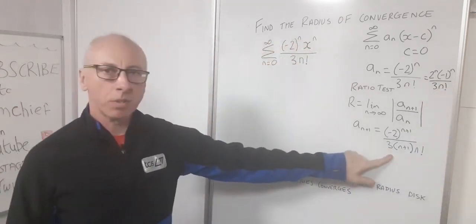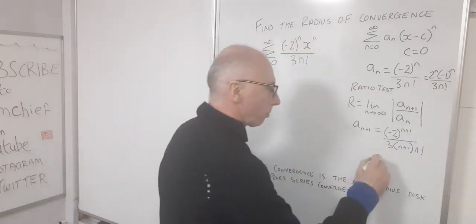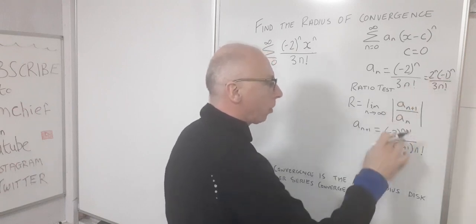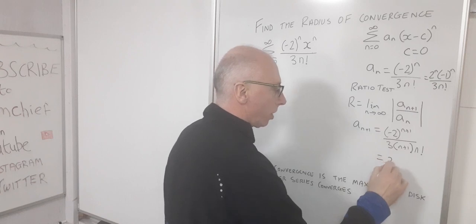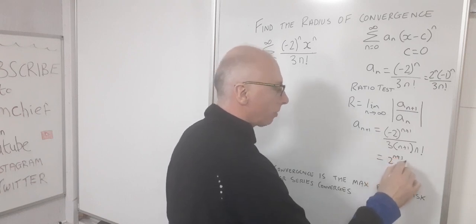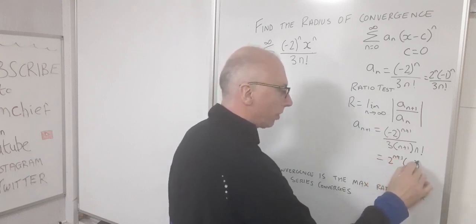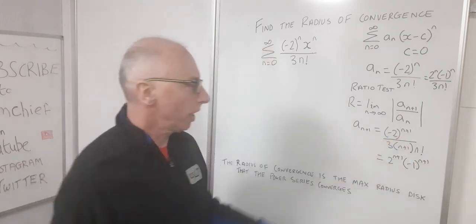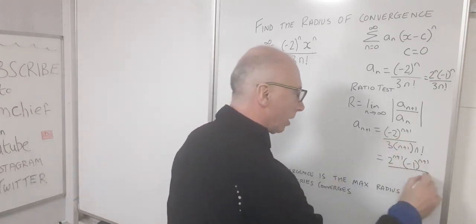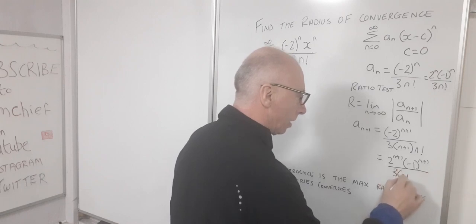Now I'm going to do the same with this one here as well, in the same format with the n plus 1. So I've got 2 to the n plus 1 times minus 1 to the n plus 1. And that also will give us the same as this one here. And my denominator, I'll leave that as it is.